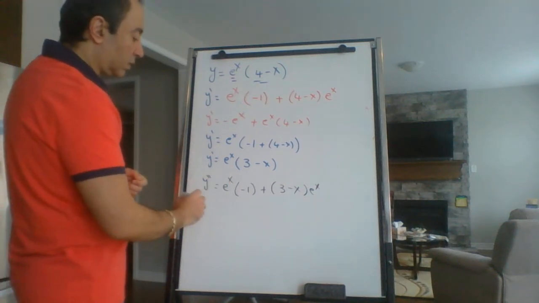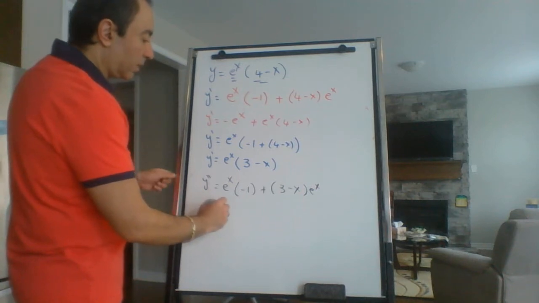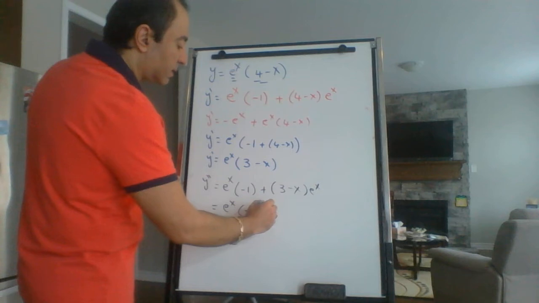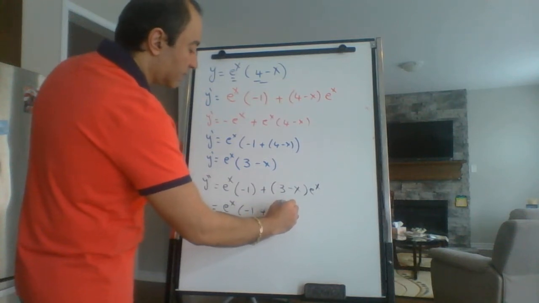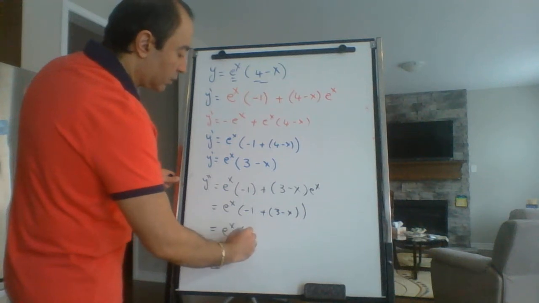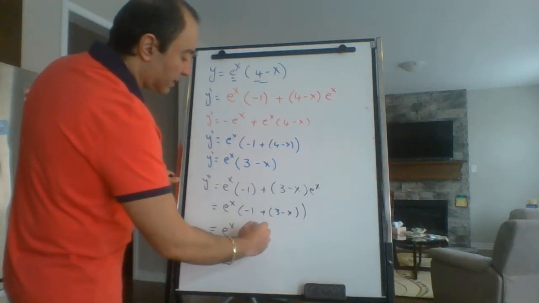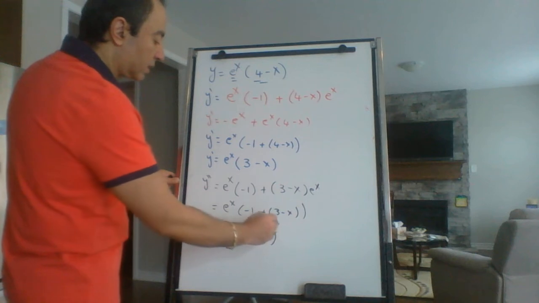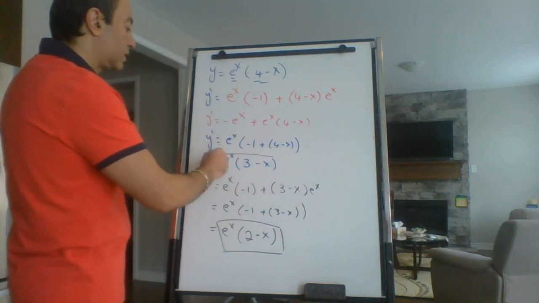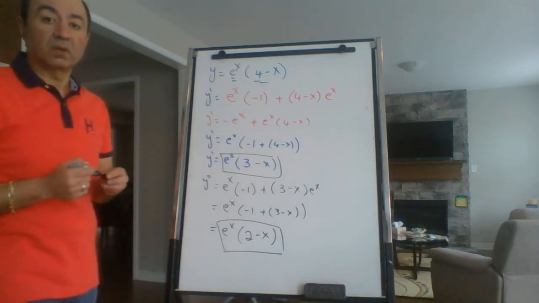And we can also factor e to the power of x out, and that will leave negative 1 plus 3 minus x. We can combine like terms, and this will be 2 minus x. So this is the second derivative of the function, and this is the first derivative of the function.